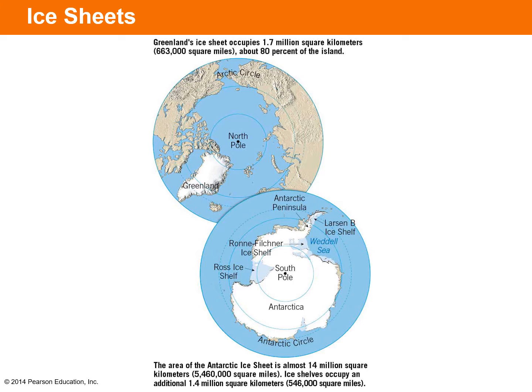You have Greenland, whose ice sheet occupies about 1.7 million square kilometers or 663,000 square miles. So about 80% of the entire island of Greenland is occupied by an ice sheet. And then in Antarctica, you have about 5.5 million square miles covered with an ice sheet.